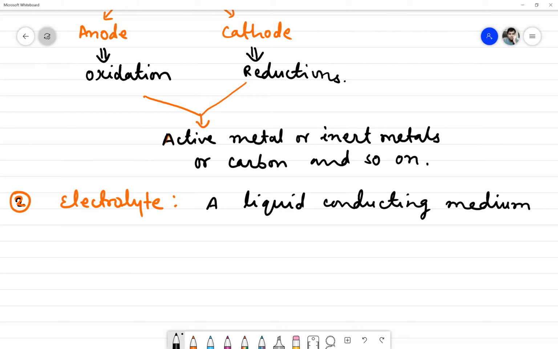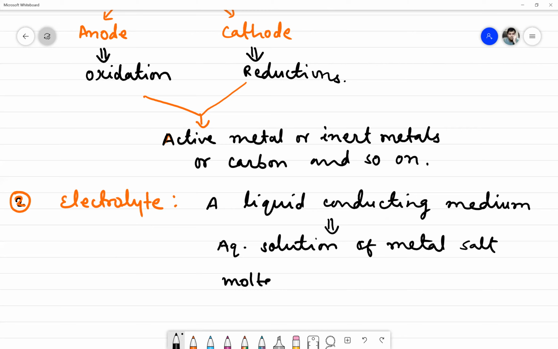It can be an aqueous solution of metal salt, or sometimes molten salt. Molten salt also can serve as an electrolyte. For example, molten NaCl also can be used as an electrolyte.